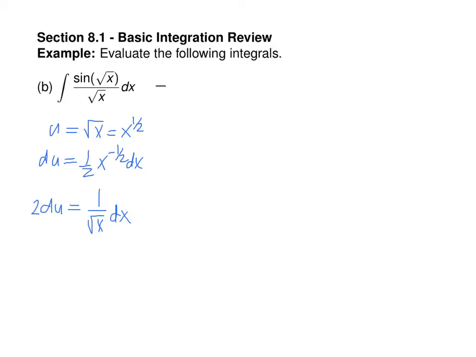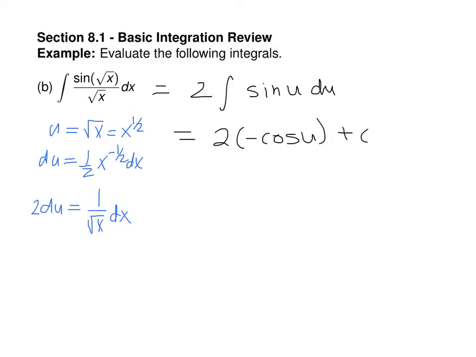So now we have twice the integral of sine of u du, which is the antiderivative of sine is negative cosine plus c, or negative 2 cosine root x plus c.